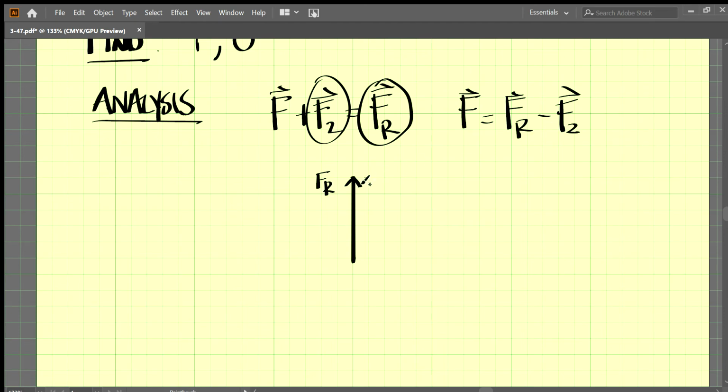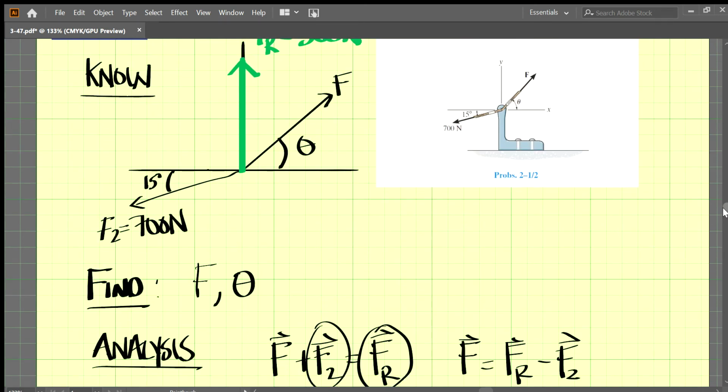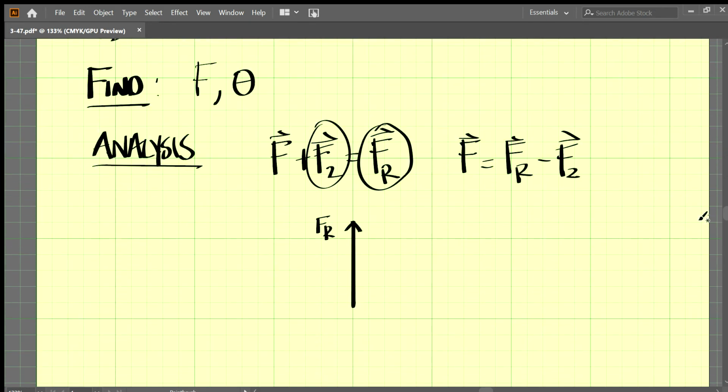And negative F2, remember, is 15 degrees down and to the left. So negative F2 would be in this direction here. Now let's put a negative there. Okay, and there we have F. So F is the vector from here to here. All right, that's our vector F.